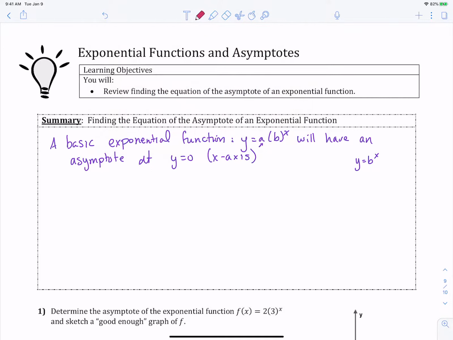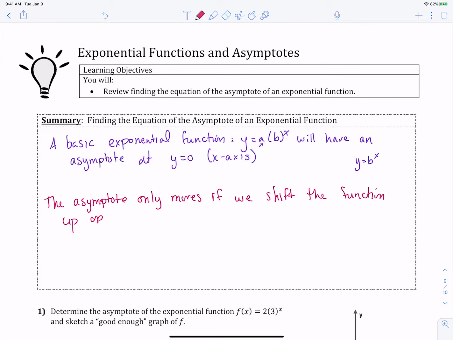One of the things you can look at to figure out where the asymptote is going to move, if it moves at all, is if you do a shift. The asymptote only moves if we shift the function up or down.